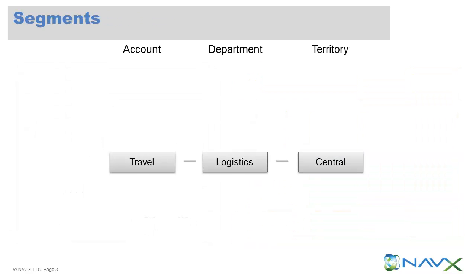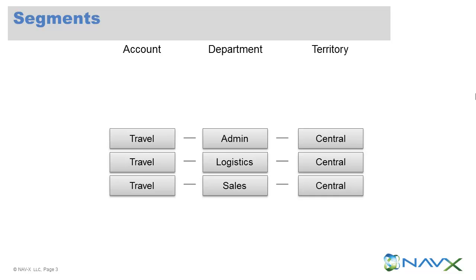Let's start off with a little story about segments. Many systems present to you a series of segments for your account number or your account template. We can have a travel account and a department and a territory, or travel, logistics, and central as I have illustrated here. Let's say we have 3 departments.